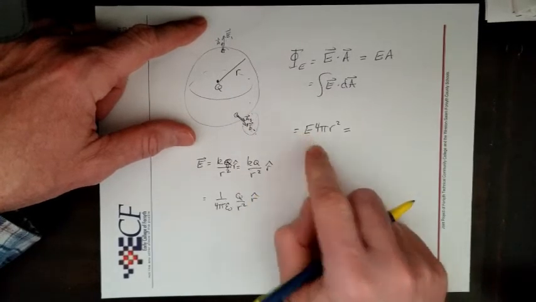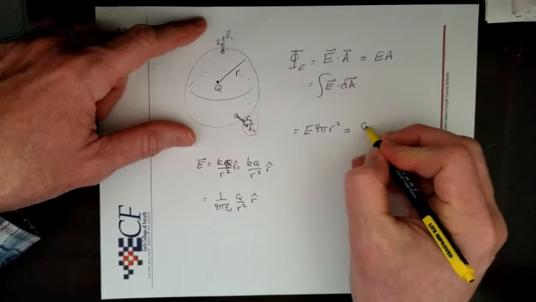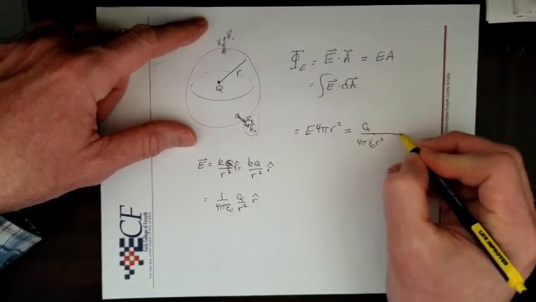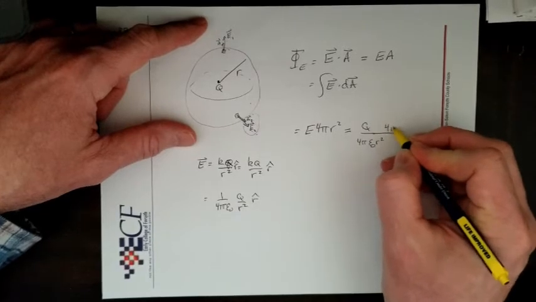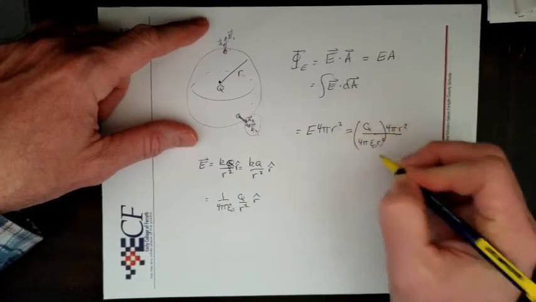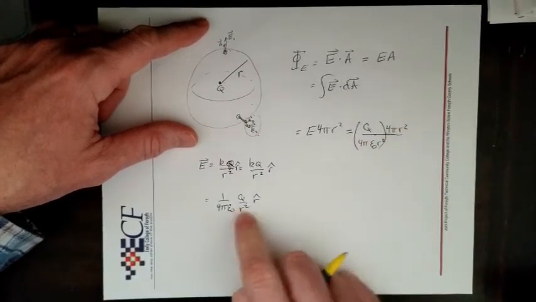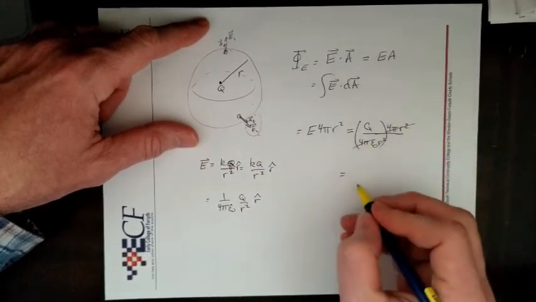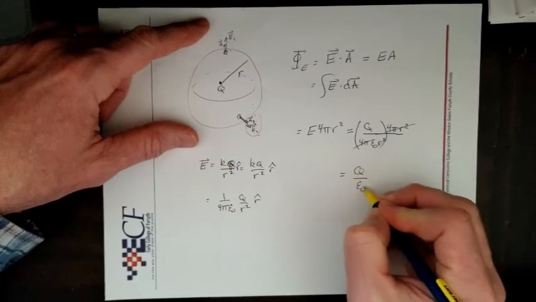So the magnitude of my electric field here is going to be Q over 4 pi epsilon sub naught r squared, times 4 pi r squared. So that is my electric field magnitude, and that's the area. The 4 pi r squareds cancel out. What I'm left with is Q over epsilon sub naught.